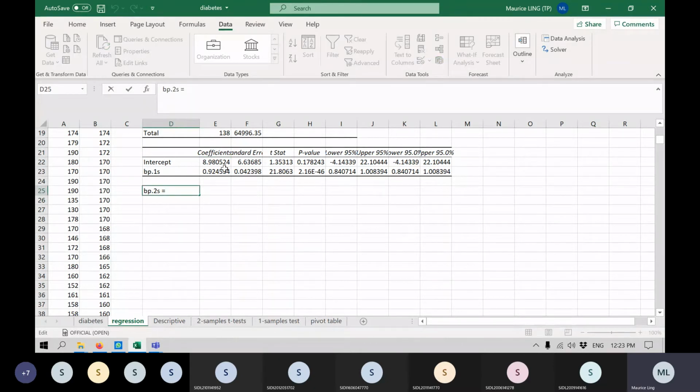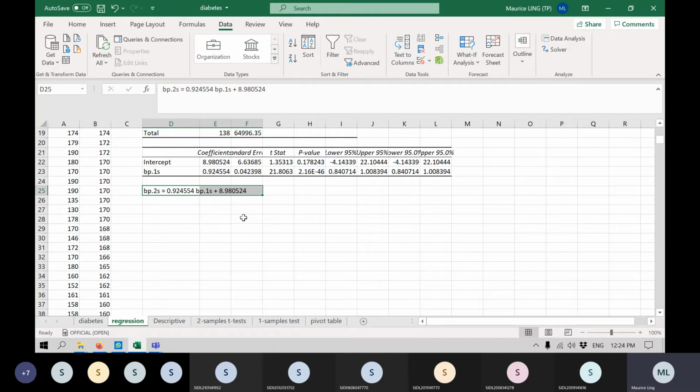This is the coefficient for BP1. It means that BP2 is 0.924554 of your BP1S. The y-intercept is 8.980524. So this is the equation between the two variables.